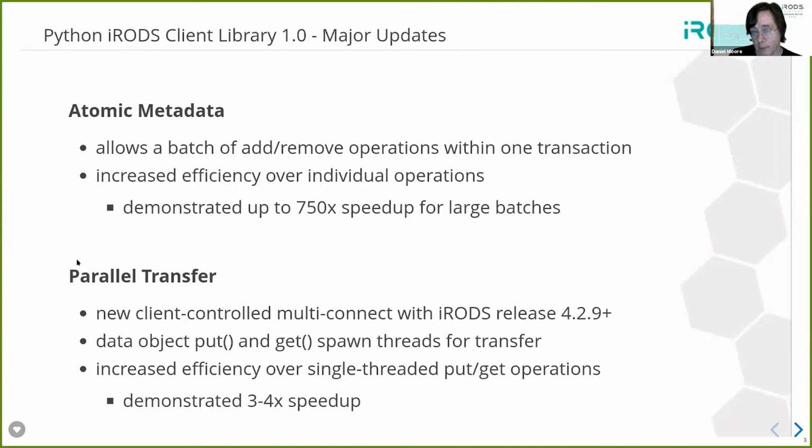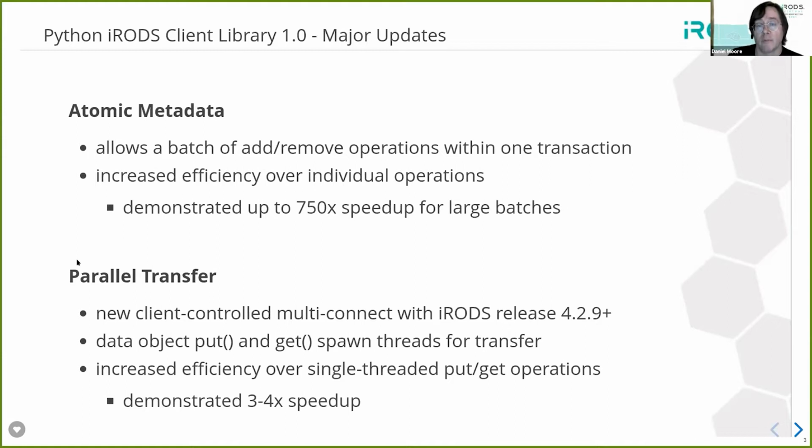This capability in the server has brought us an increased efficiency over doing the AVU operations individually, because of course each of those involves one trip to the catalog. So we've observed hundreds of times faster in terms of this capability over the individual AVU manipulation.